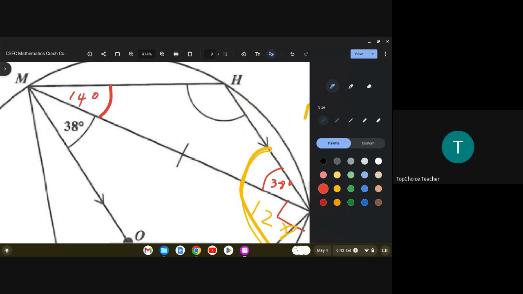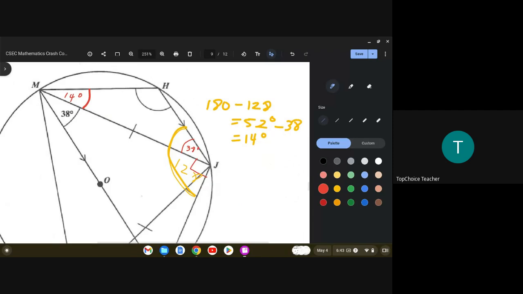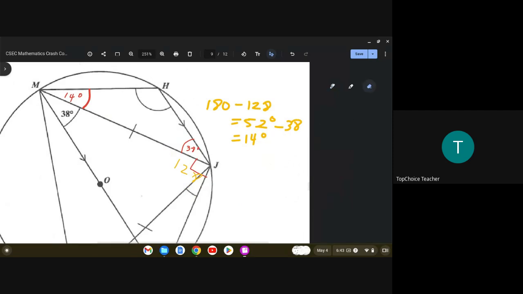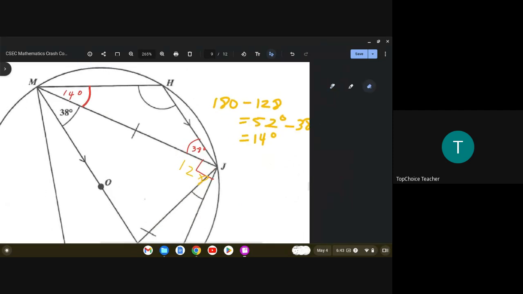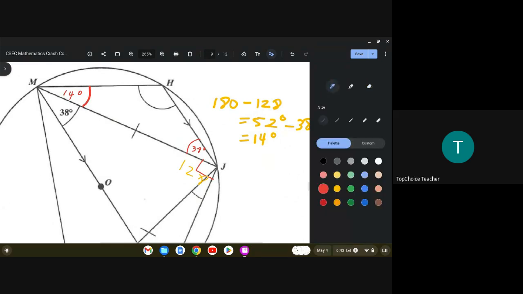14 degrees. Can anyone look at this now and tell me if we could figure out this angle on top here called h? How do we find h now, given this 14 degrees? 180 minus the 38 plus 14. Very good.